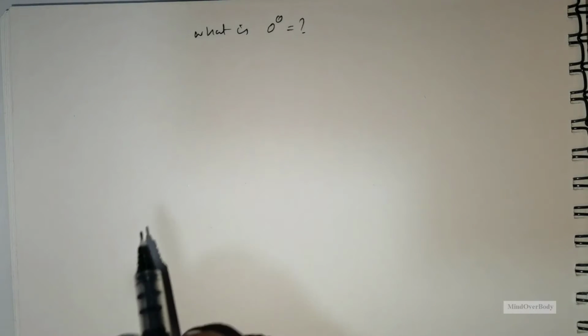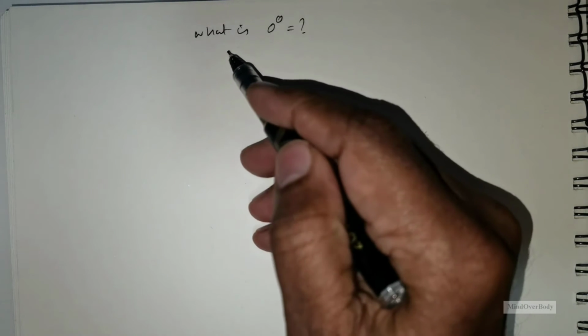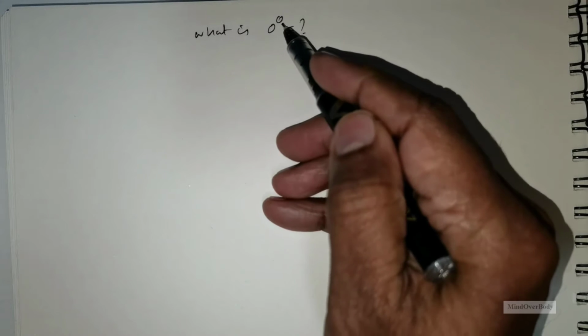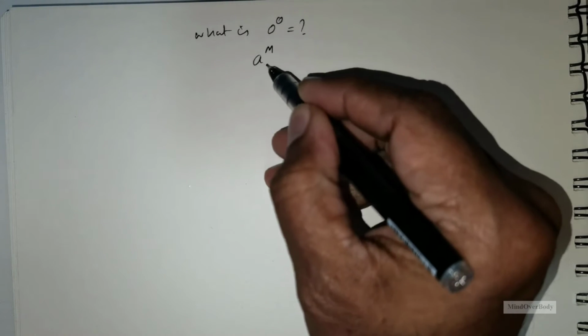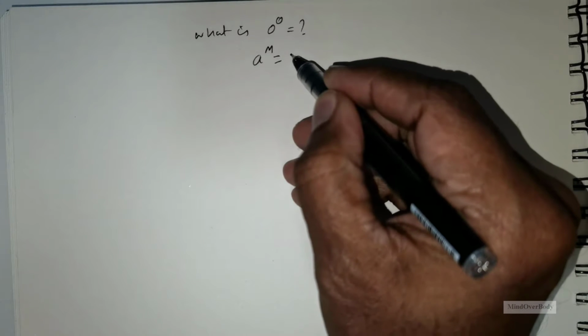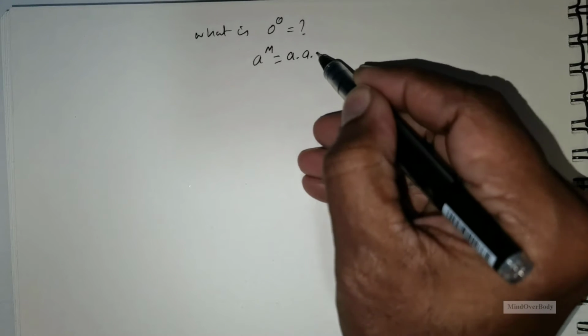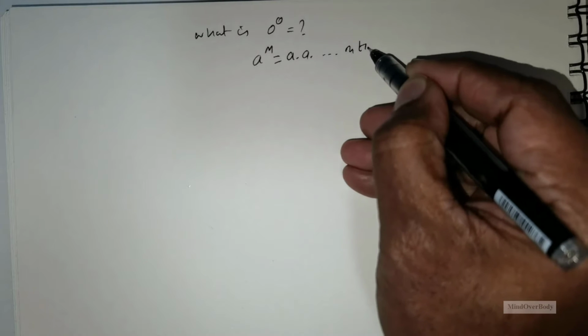Students, in this class we will learn to understand what is 0 raised to the power 0. Now, you all would have learned this formula that a raised to the power m is nothing but a multiplied m times.